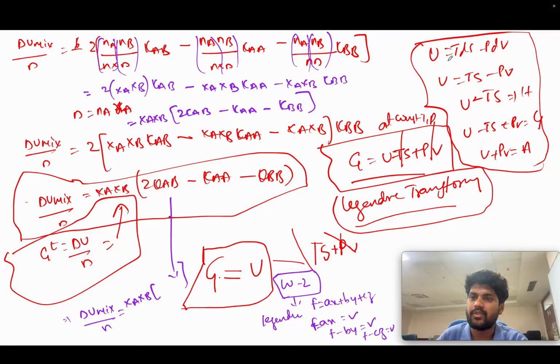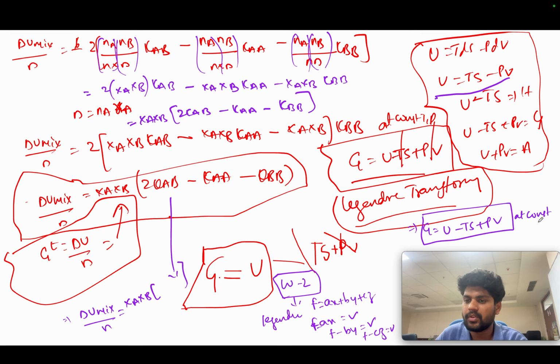In this way, we have taken u equal to ts minus pv, and we made g as u minus ts plus pv, and we all know that at constant temperature and pressure, g is nothing but u. So that's what we will write, and that's what we got here, per mole.